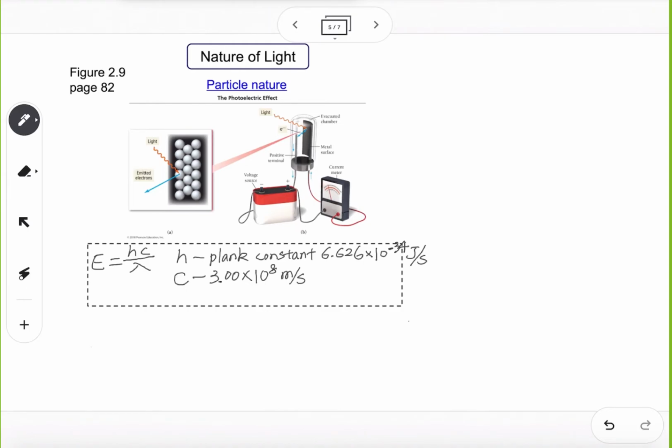This is the equation for the energy of the photon.